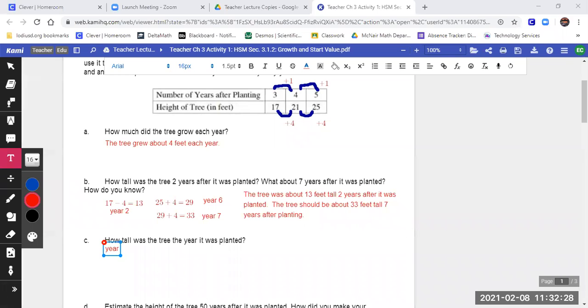So what number are we going to use for the start year, if it says number of years after planting? When we first planted, has there been any years that have gone by?